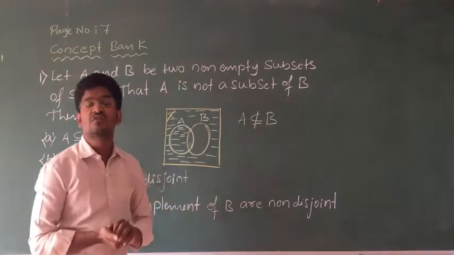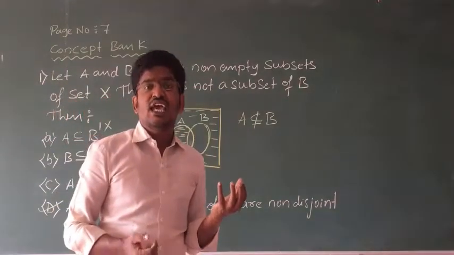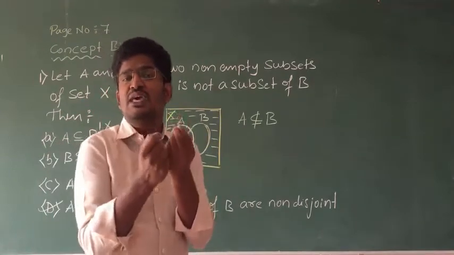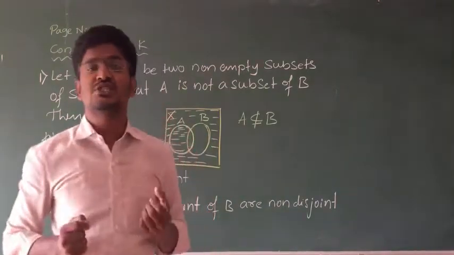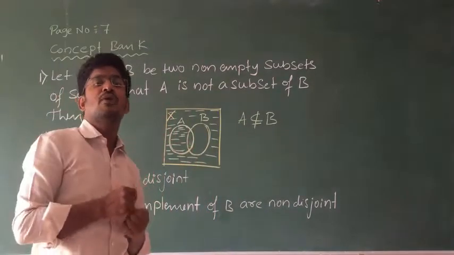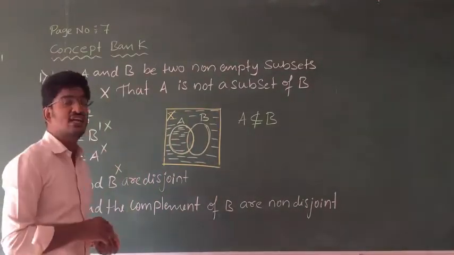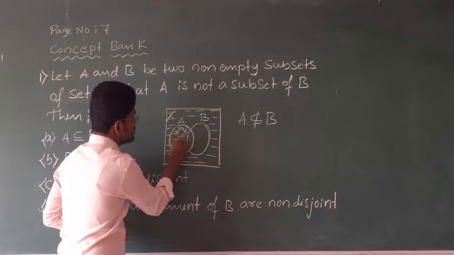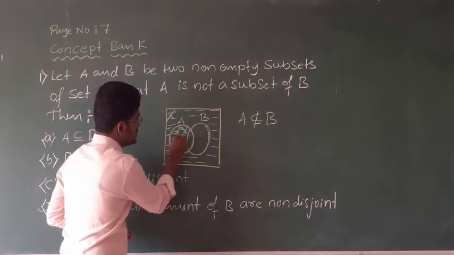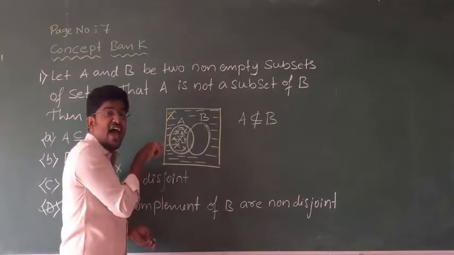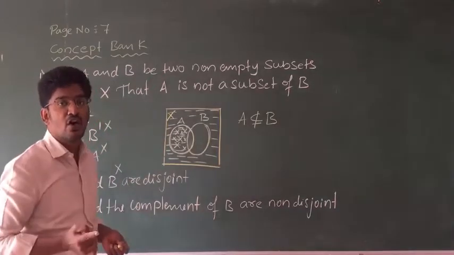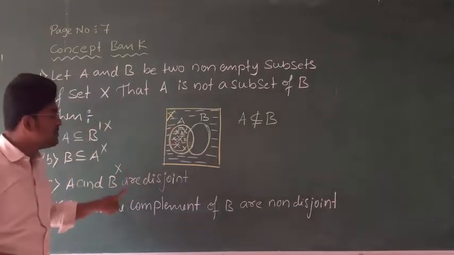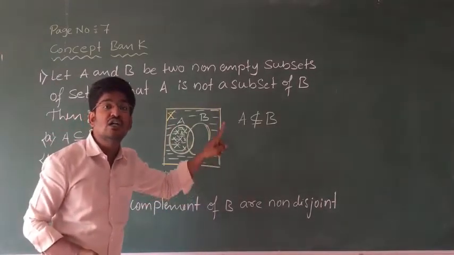What is the meaning of that? In set A and in the set complement of B, there must be some common elements. From the diagram you can directly see that. The elements which are present here are in A as well as in the complement of B. Therefore, set A and the complement of B are non-disjoint.